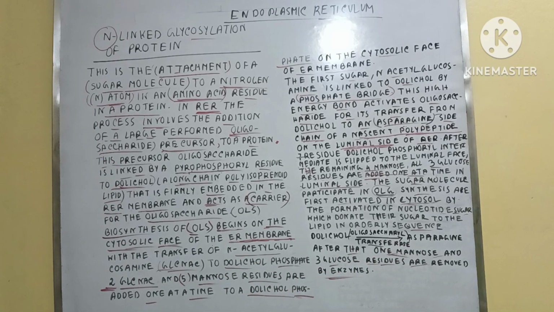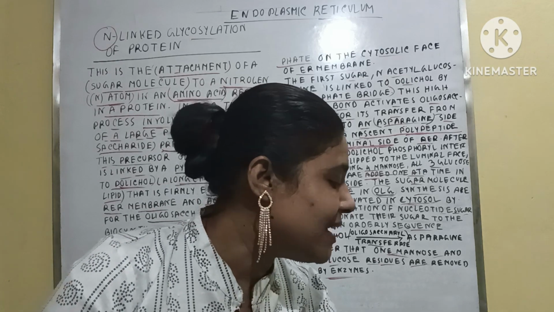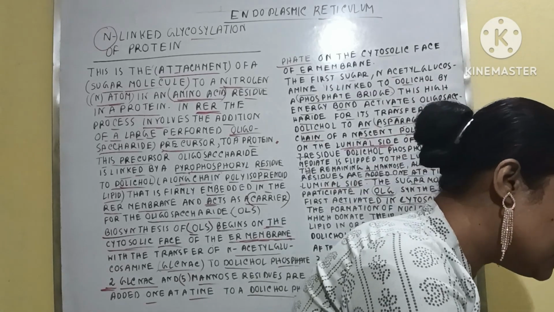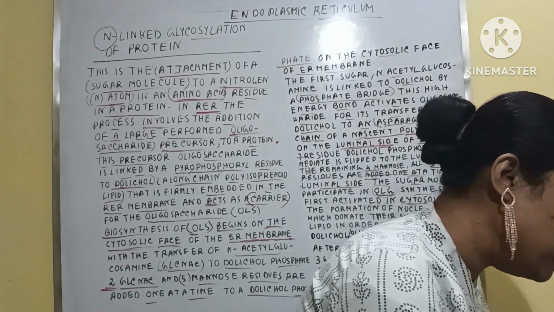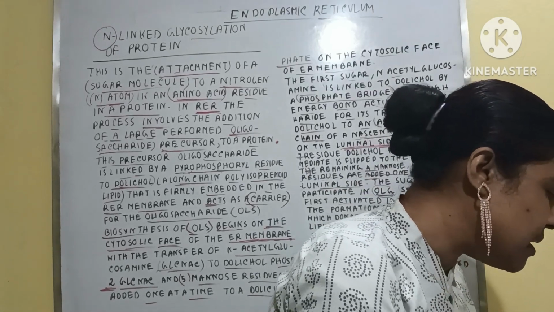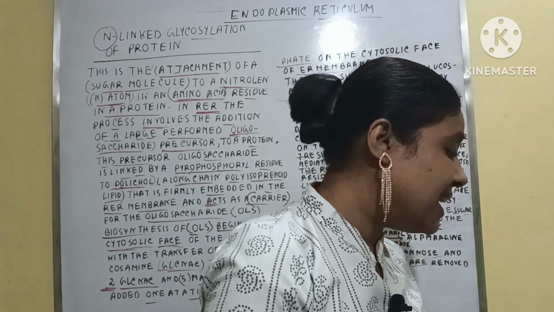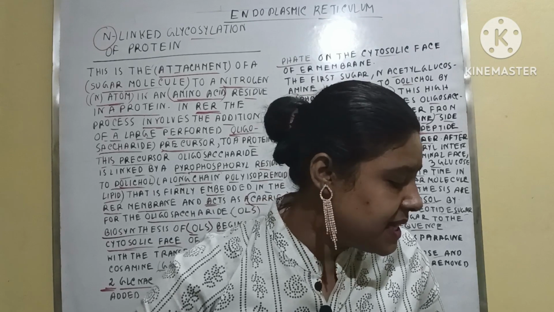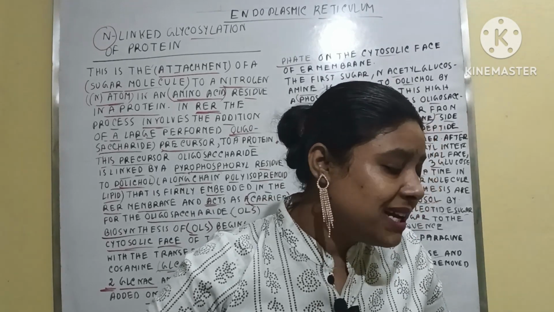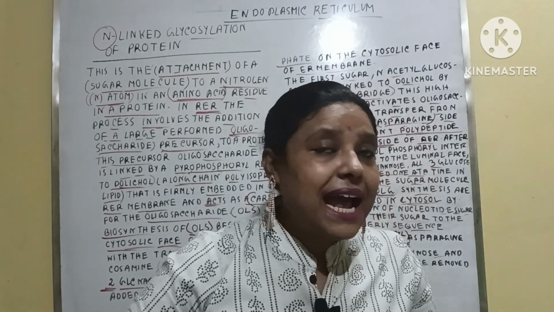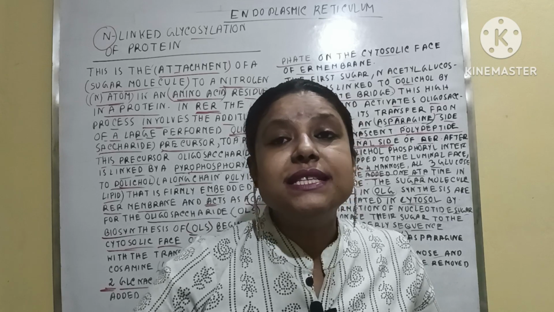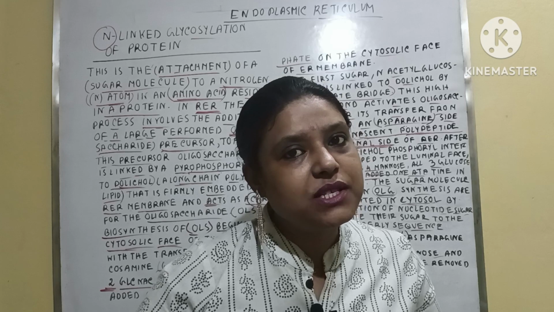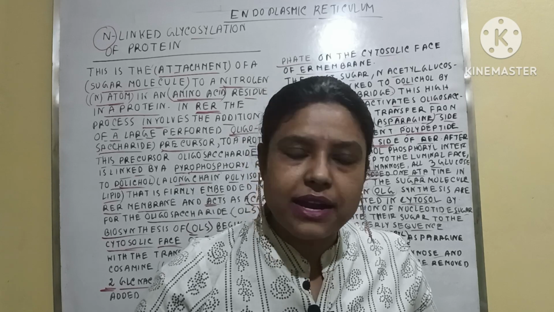So this is the N-linked glycosylation. And this N-linked glycosylation is very important. Why? Because there are some roles of this glycosylation, or you can say of the oligosaccharide. Some glycoproteins help in cell adhesion, and this is only possible due to the presence of mature oligosaccharides.